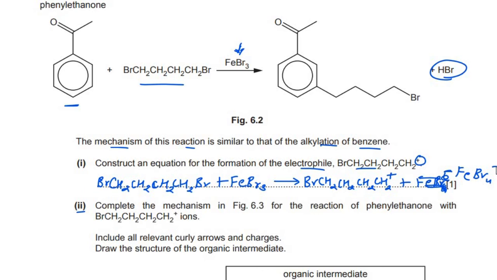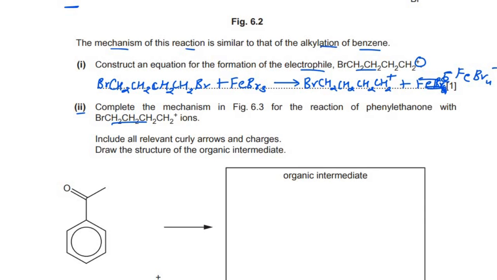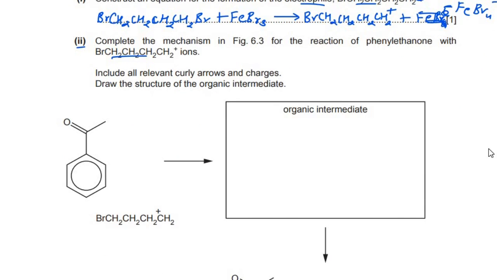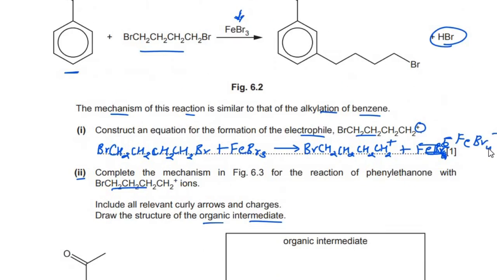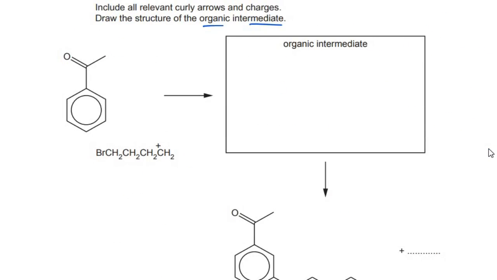Complete the mechanism in figure 6.3 for the reaction of phenylethanol with the electrophile ion shown here. Include all relevant curly arrows and charges and draw the structure of the organic intermediate. So we know the product is here and we need to draw the intermediate showing all the curly arrows.